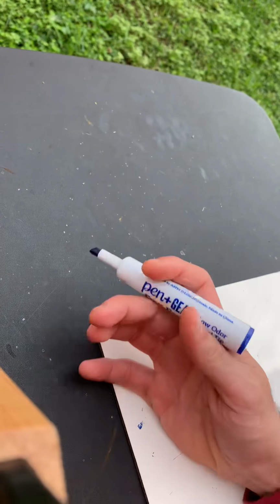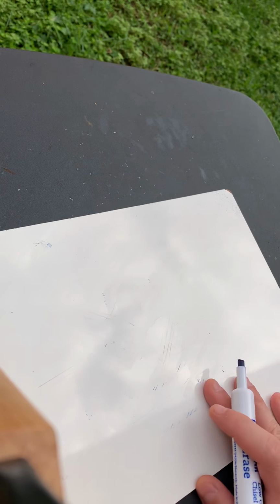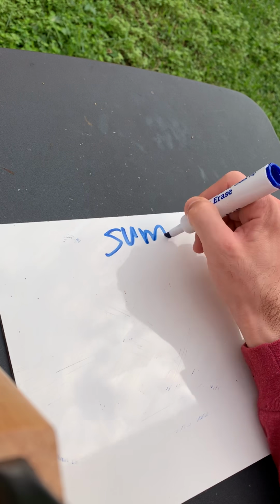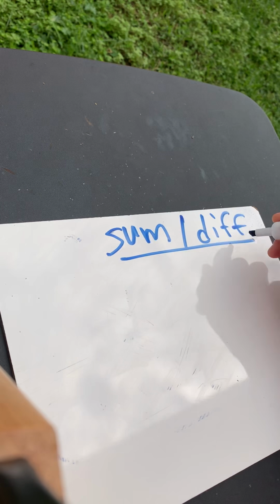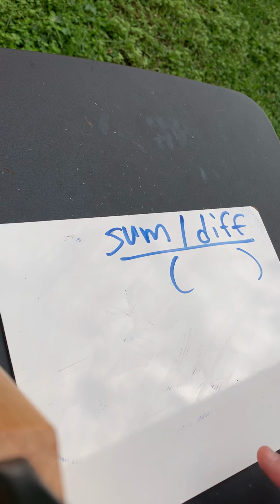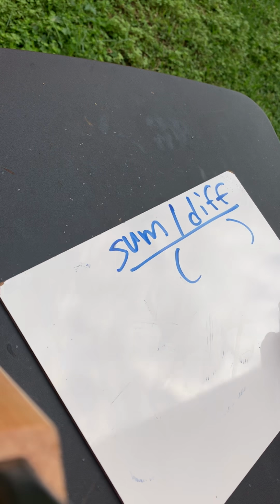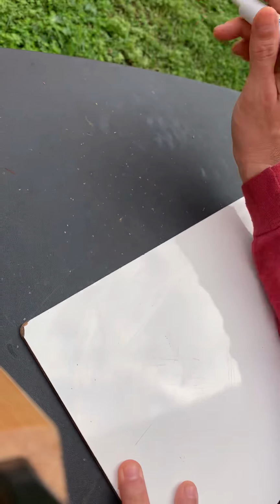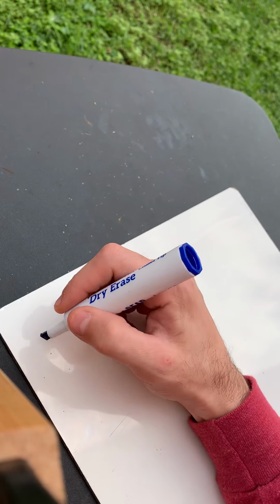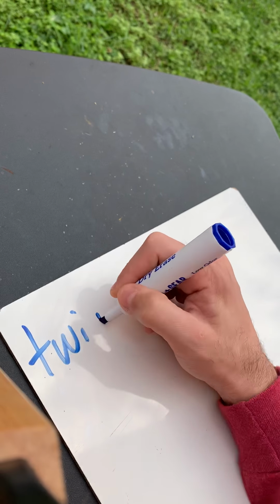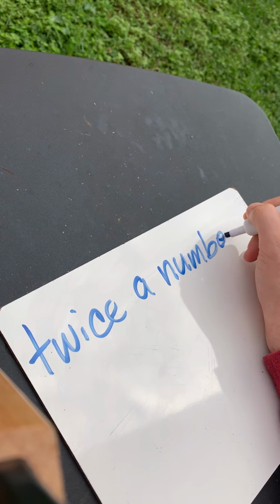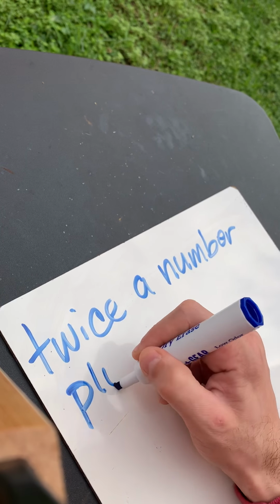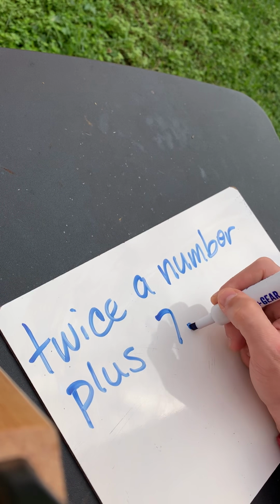Now, let me show you an example of why the word sum and difference require parentheses. So the first thing we'll write here is twice a number plus 7.